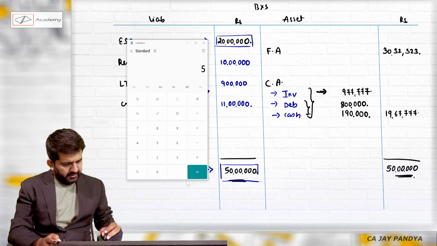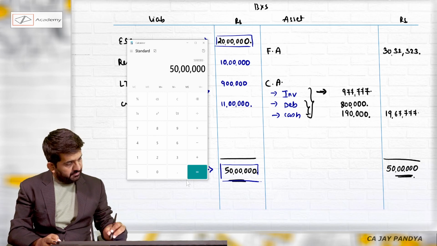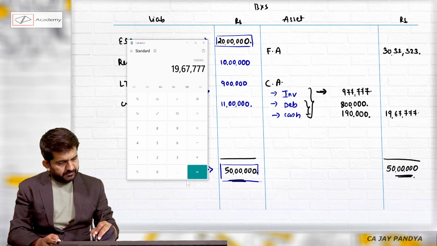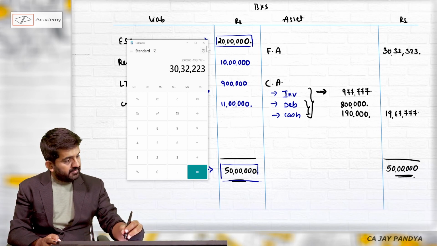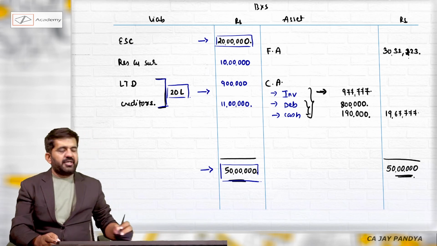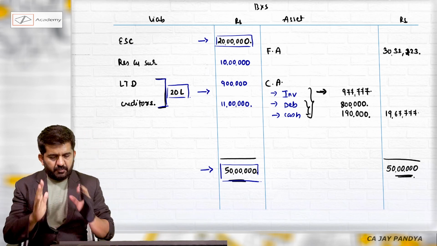Let me verify. 50 lakhs minus 19 lakhs 67,223. And here I have completed my full balance sheet which was required in the question.